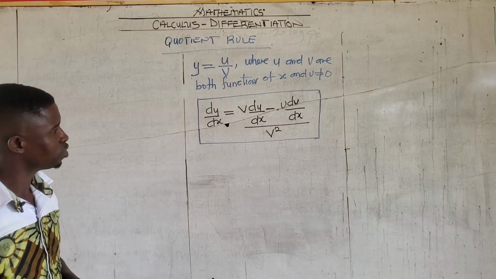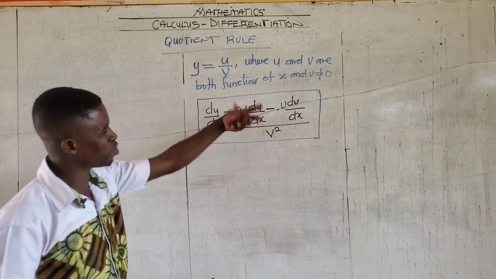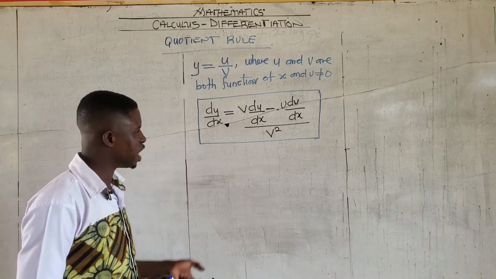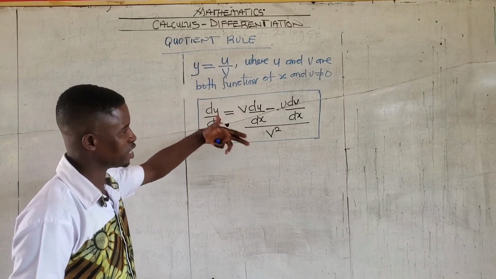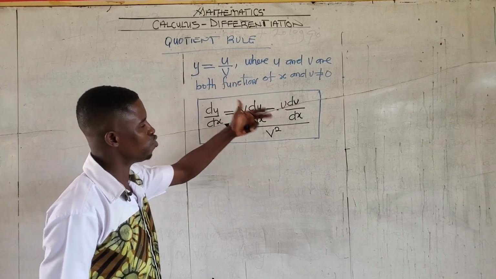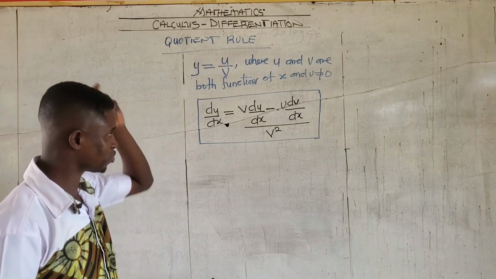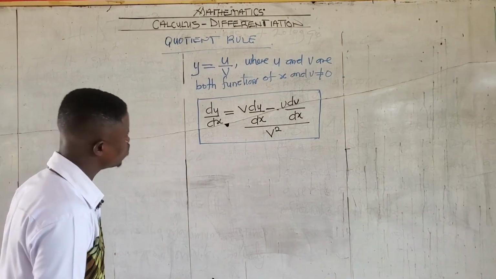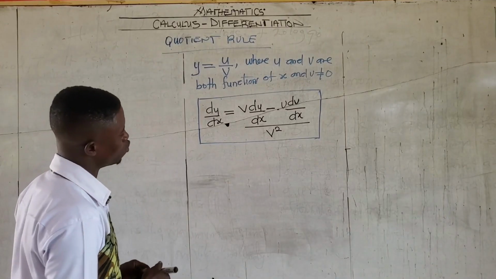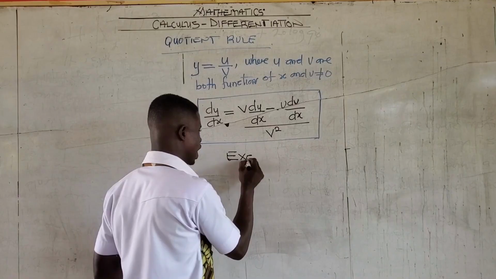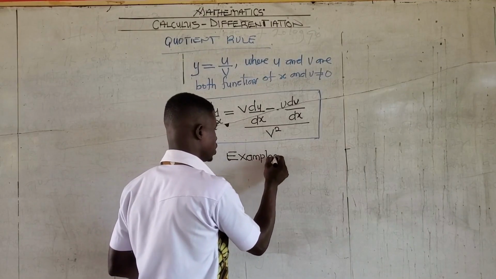Are you following? So this is another simple formula you can easily memorize. dy over dx is equal to v du over dx minus u dv over dx, all over v squared. Very simple. So let's look at examples where we will apply this formula.